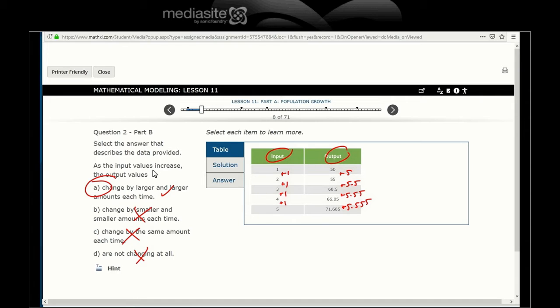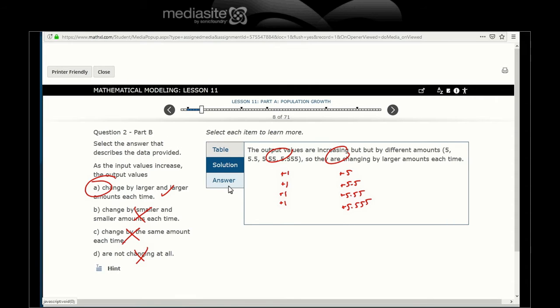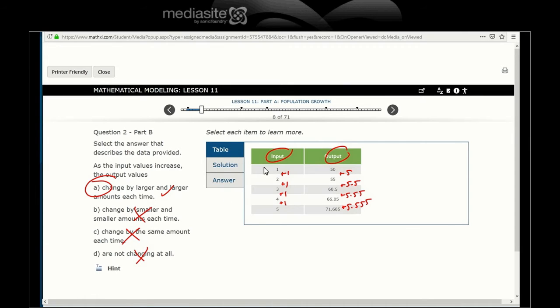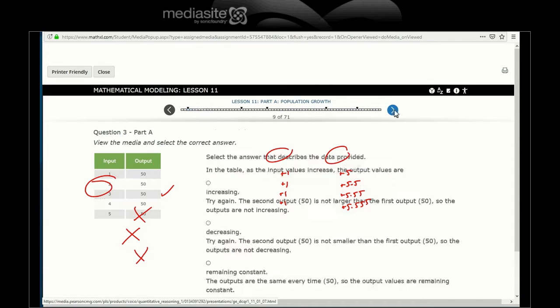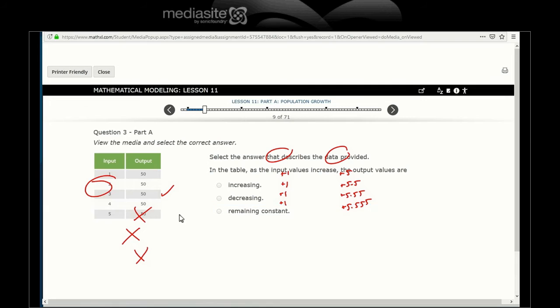It's getting larger, and each one is successively larger. Yep. So A. Ooh, they would do that.